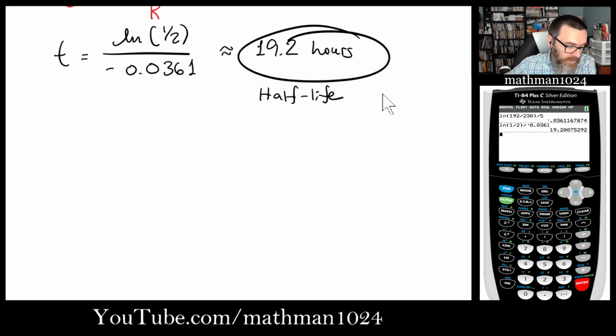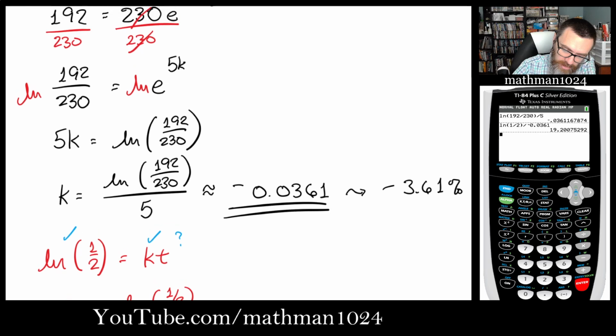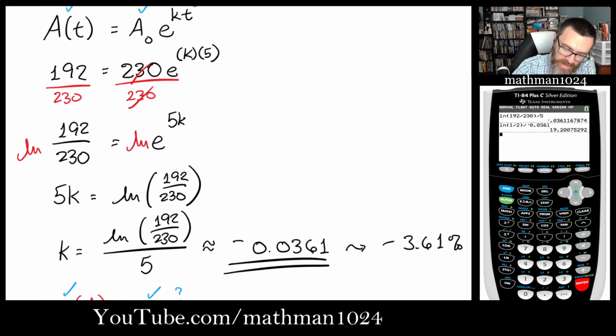Okay, now the next part says how much of the substance remains after 1 day. Before I do that, let's make sure we understand our form is this guy right here, except we know our k and our t is going to be the variable.